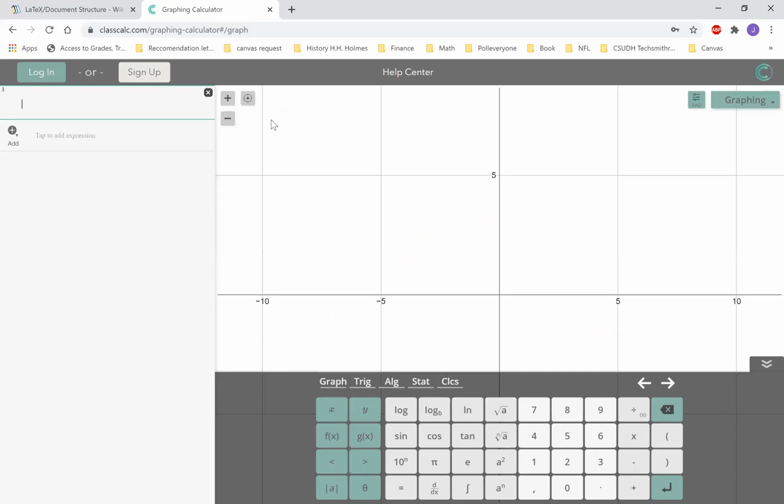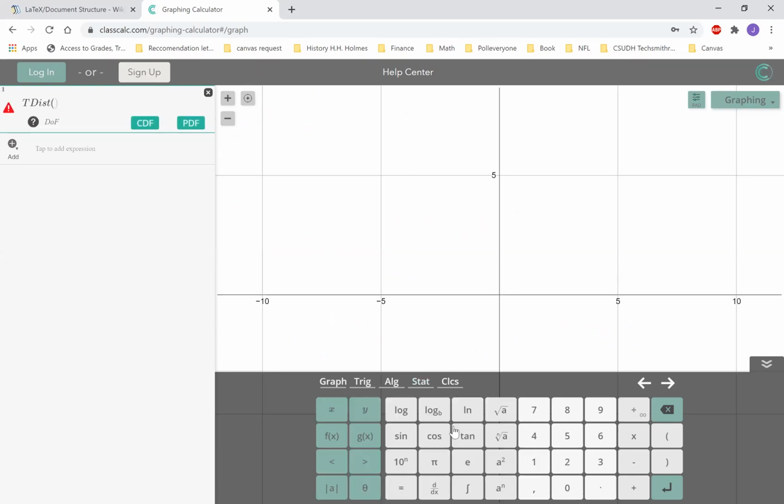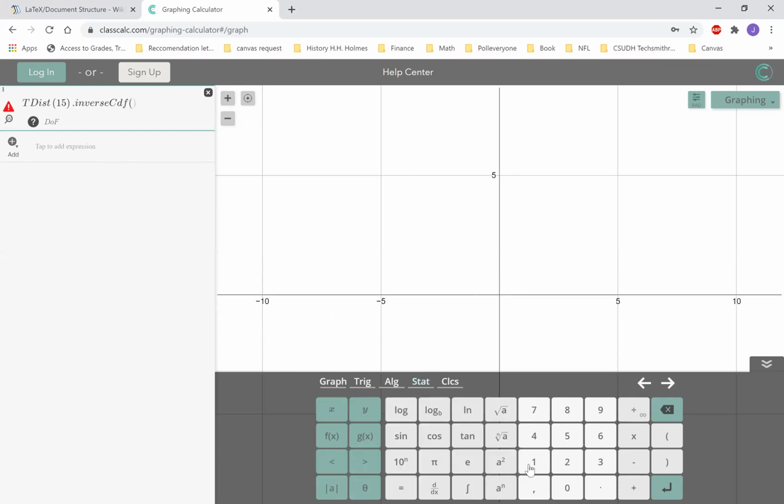All right, so everybody should be seeing ClassCalc right now. We go to stats, we go to distribution, and we go to the t distribution, and we say we have a degree of freedom of 15, and that's it. Then we go to stats, distribution, and inverse CDF. For inverse CDF, you put 0.05.